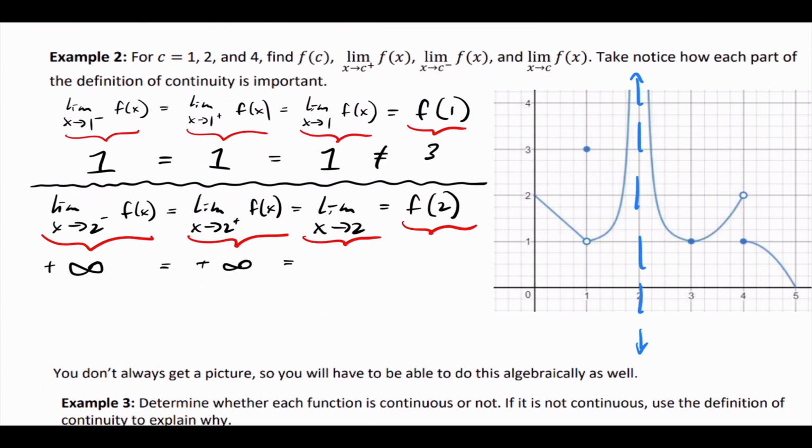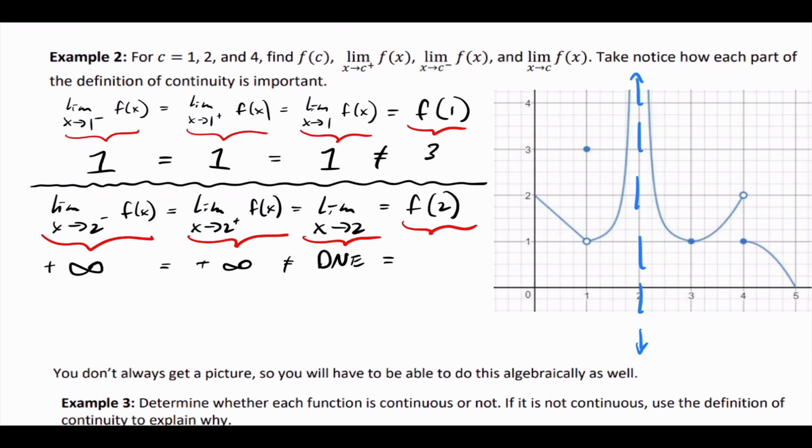What is the overall limit at 2? It does not exist, because infinity is not a number. Even though they are both approaching positive infinity, infinity is not a number. Those two values have to be equal for them to have a limit. So what is the answer at 2?